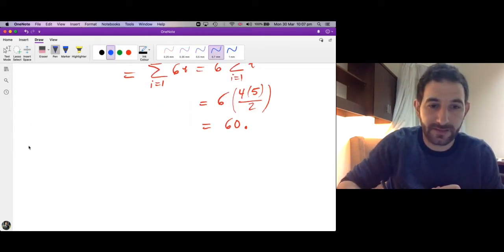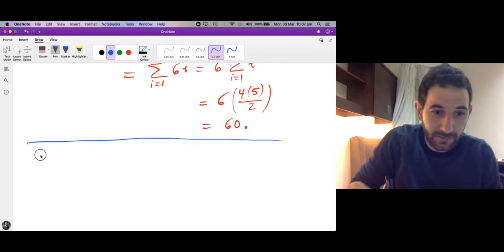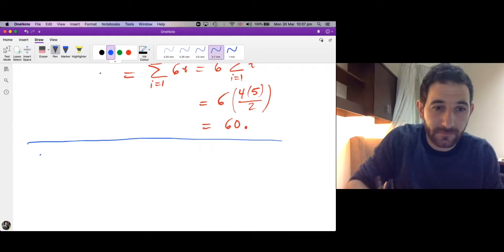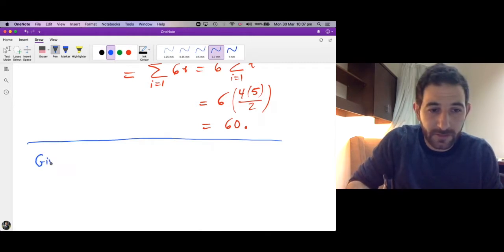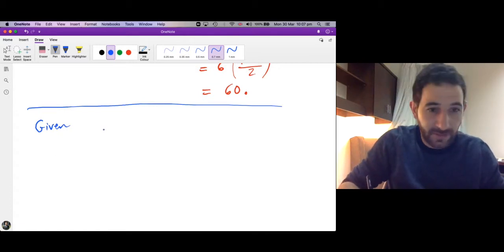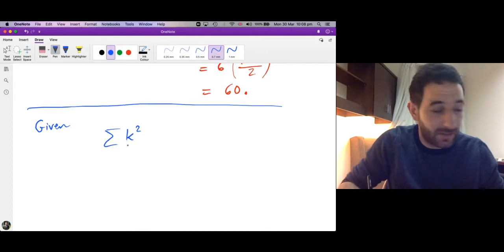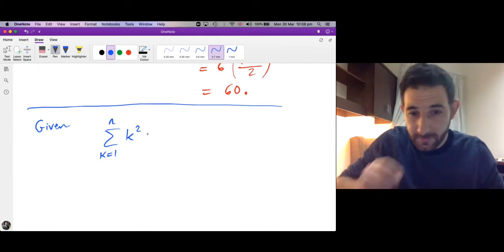Okay, let's have another example. Here is another formula for the summations. Given that the summation of k squared, we didn't prove this, I'll let you think about it, where k ranges from 1 to n. So what is this?